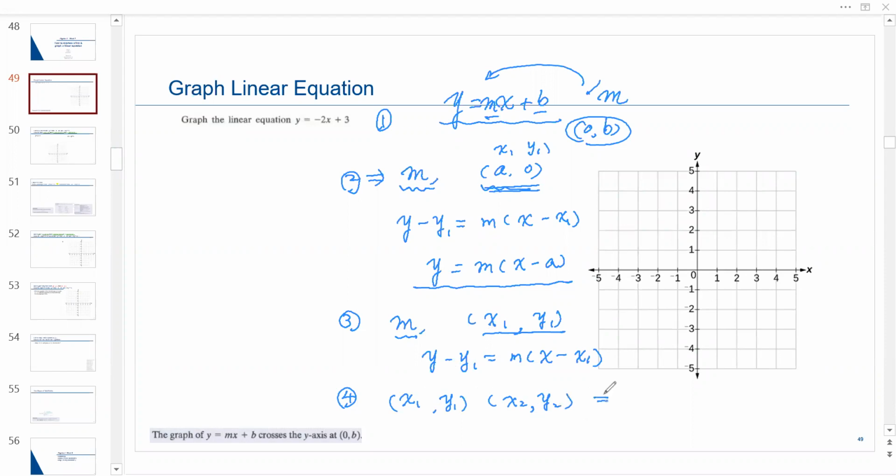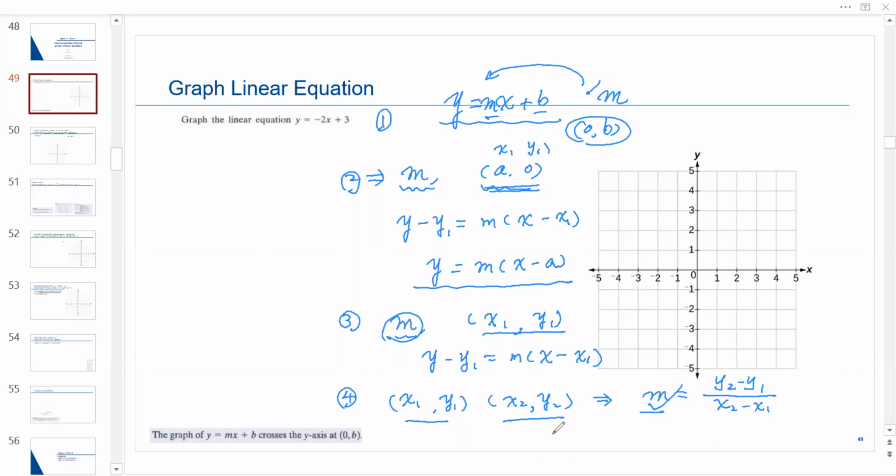how do you get the linear line out of that? First you need to find the slope. The slope m is y2 minus y1 divided by x2 minus x1, right? Once you have the slope, you can pick either dot, and the result should be the same.